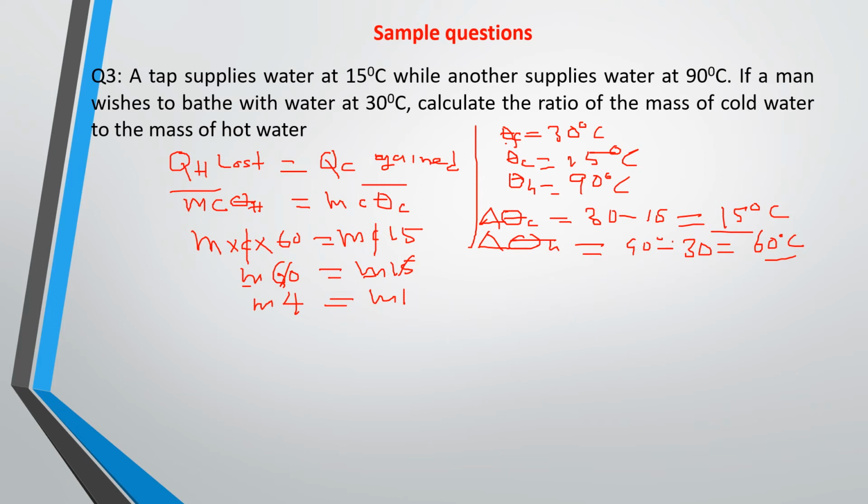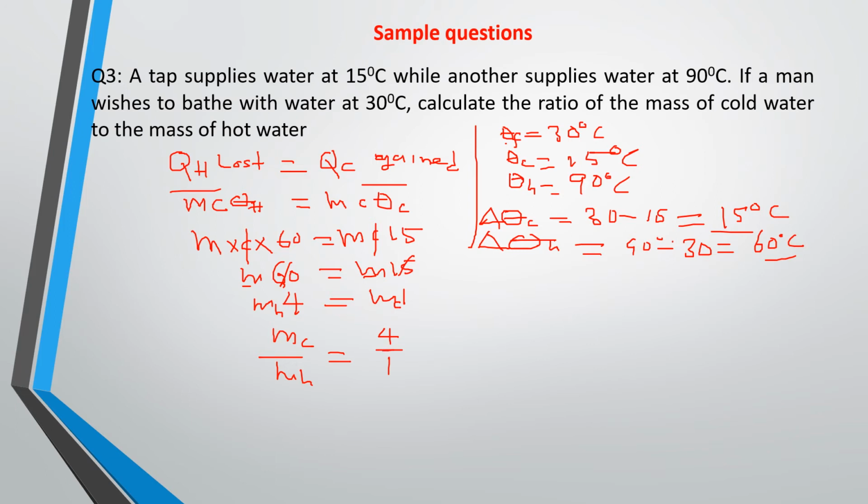So this is M cold equals 4 M hot. Now you are looking for the ratio of the mass of cold water to the mass of hot water, M cold to M hot, which will give us 4 all over 1.